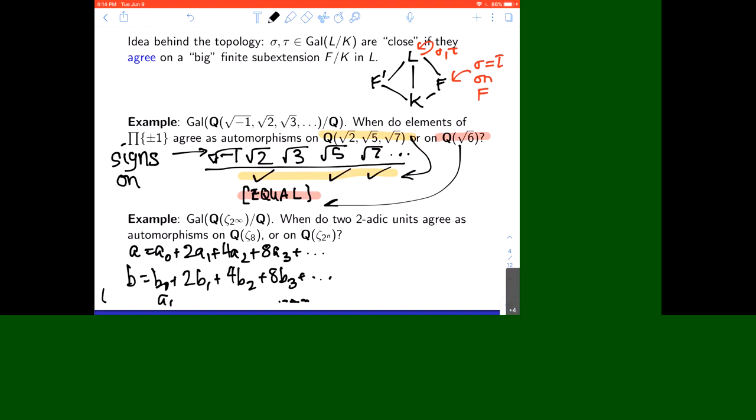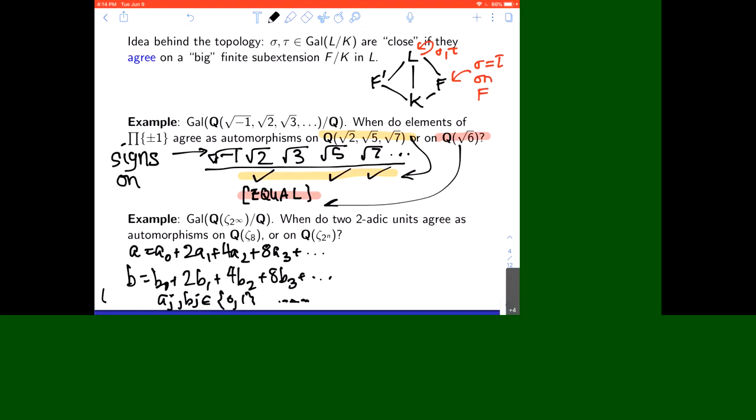Here the AIs, maybe I shouldn't use the letter I when I'm talking about two power roots of unity, might be a possible confusion there. So AJ and BJ are zeros and ones, okay? Two adic expansions. And in fact, A naught and B naught are literally one. You can't have a two adic unit start with anything else.